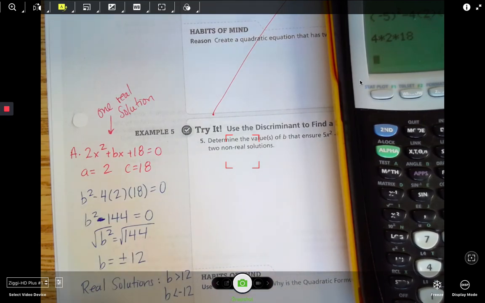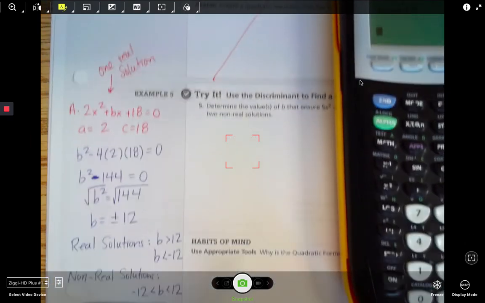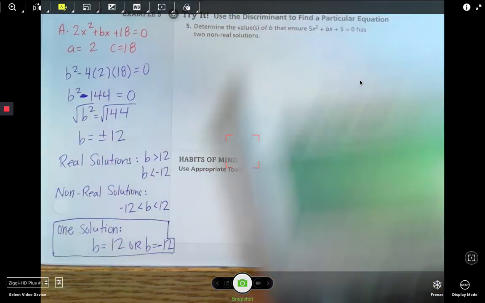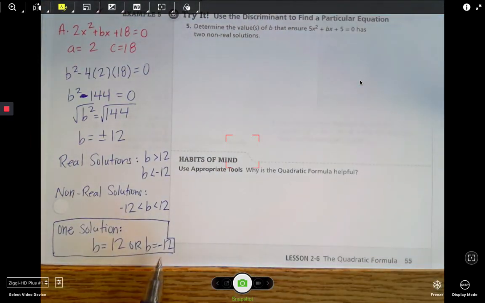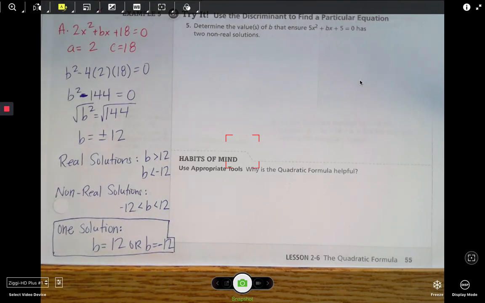Or if we want one solution, that means that b has to equal 12 or b has to equal negative 12. And what this asks for is what could my values for b be for me to have one solution. They would either have to be a positive 12 or a negative 12. I'm sorry you didn't see all that.